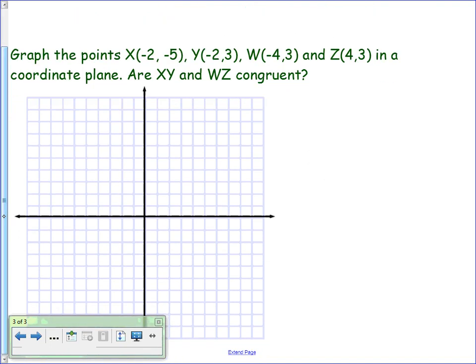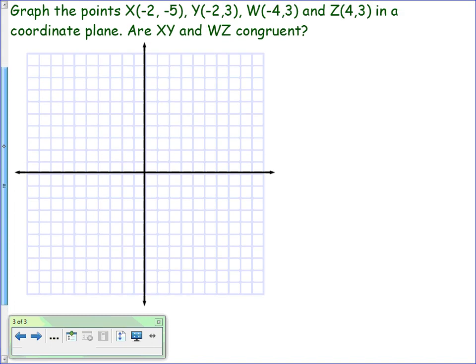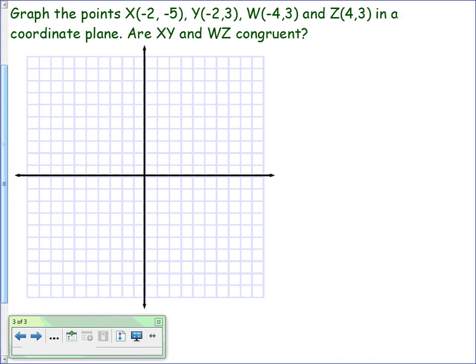And our last example, what I'm going to ask you to do is to graph these points and determine are XY and WZ congruent.